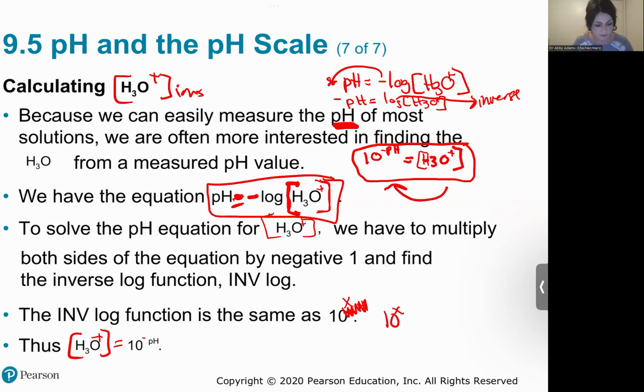So let's try to do this in a calculator, just as an example. Let's say I have as my concentration of hydronium ions 1 times 10 to the -8.